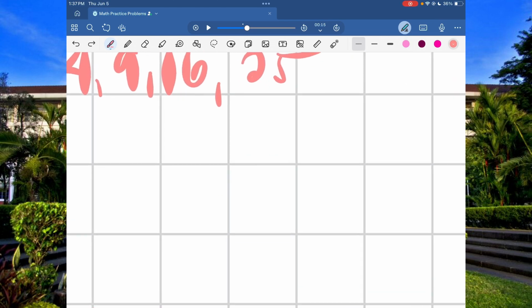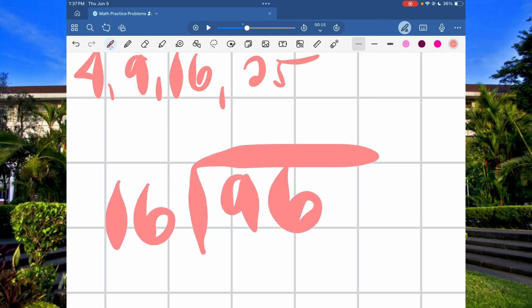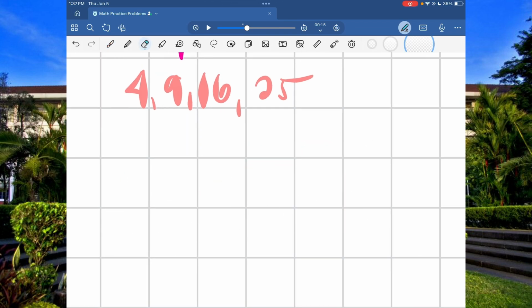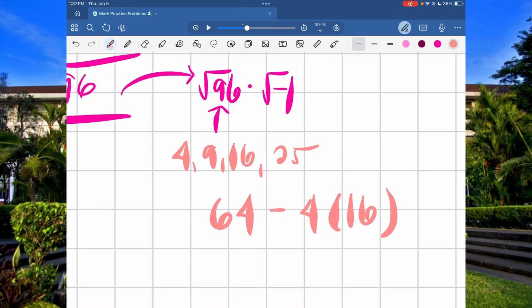So 96 divided by 16. 968 is too long, so we're just going to multiply it by a number. 16 times 4 is 64, so we're going to write that 64, and in 64 we have 4 sixteens.